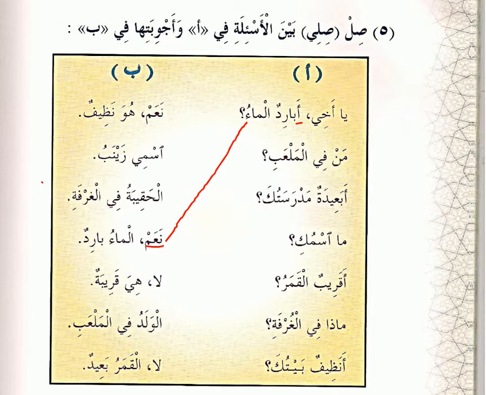Next question, you have a man. Man fil mal'ab. Good. Who is in the playground? This time you have a man question, a who question. Let's see. Column B, you say the 6th one. Good.